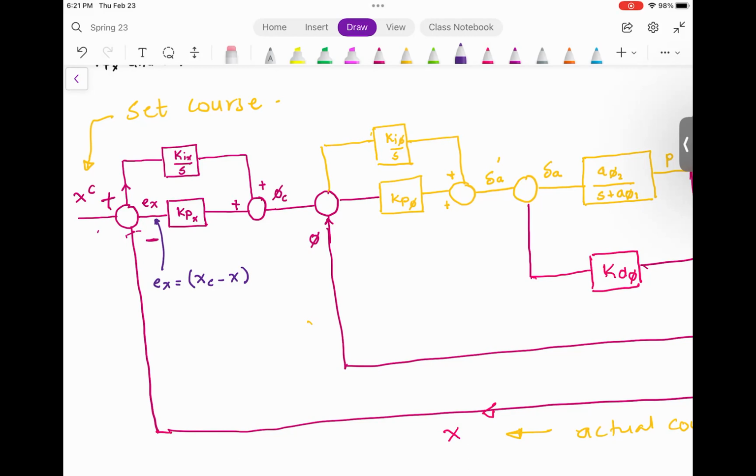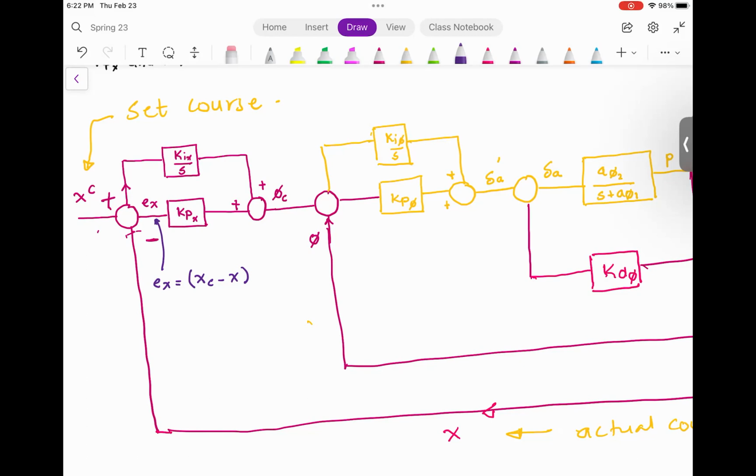If the difference between the commanded course and the actual course is small, then the KP term is going to control it. So if you want to minimize the difference between the commanded course and the actual course, the KP term plays the role. But if you want to look at how far the commanded course is deviating, or how fast the commanded course is going away, the integrated term will take care of that.